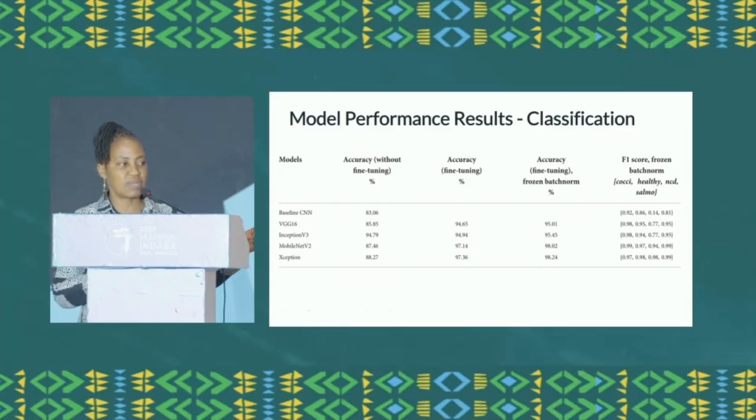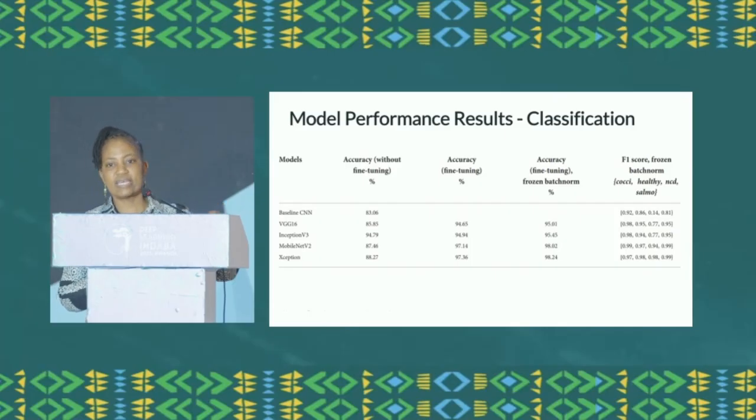The first set of experiments was pre-training, when the base model layers are all frozen, and we obtained a good accuracy for the VGG16, Inception V3, MobileNet V2, and Xception. On the second set of experiments, that is fine-tuning with the base model layers unfrozen and a lower learning rate, the accuracy improved.